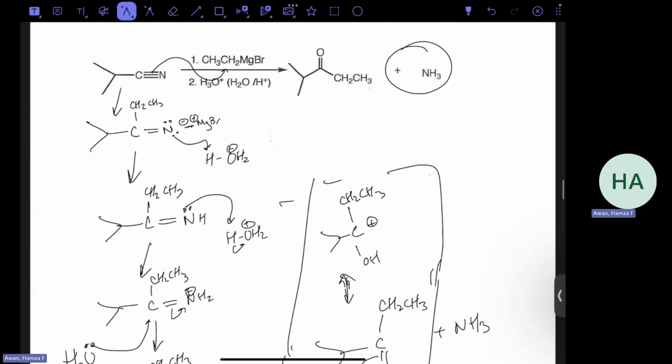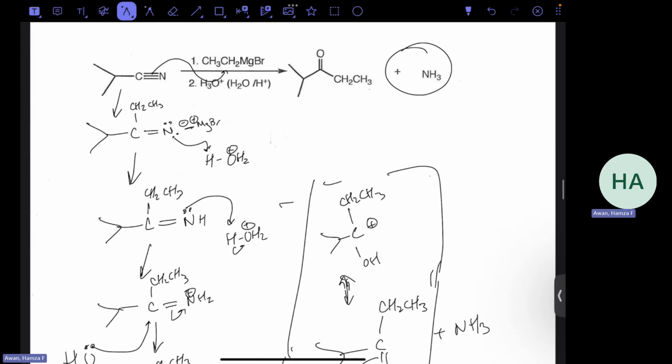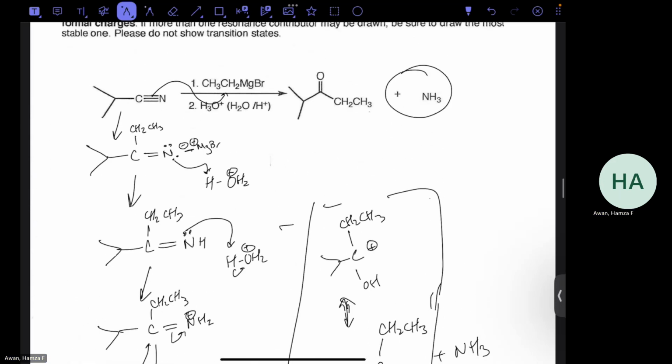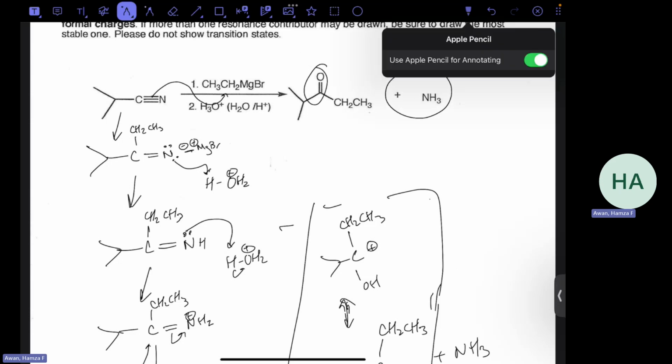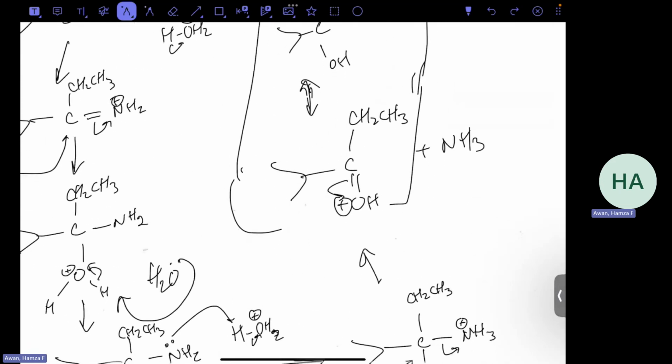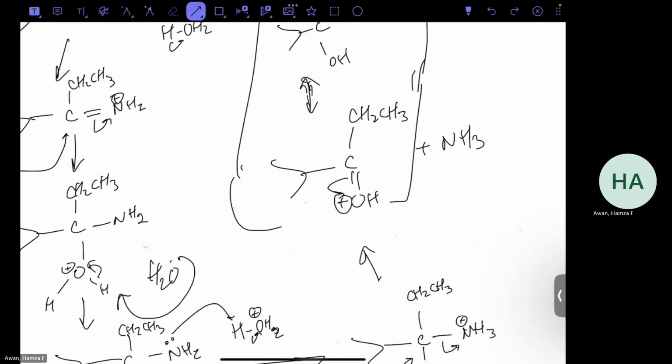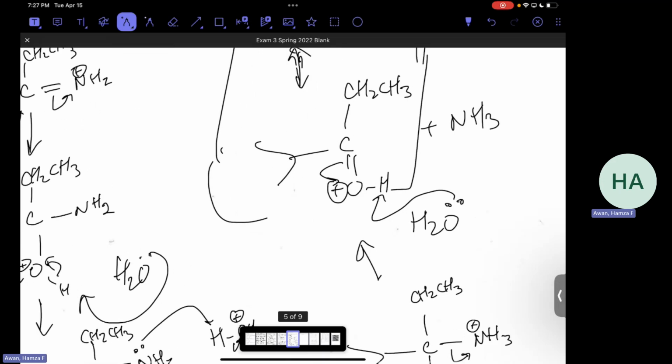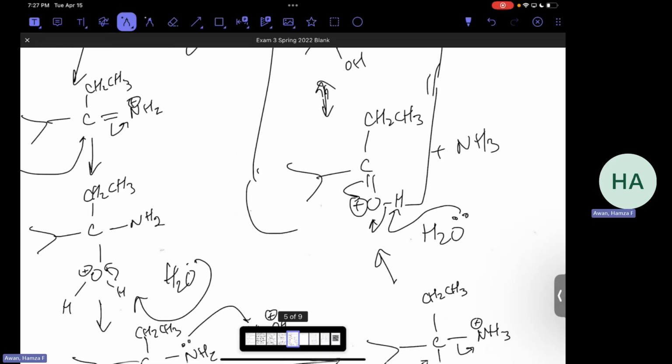And now our final step is that we need to get a ketone right here, right? So we can deprotonate this oxygen using H2O. That H2O, the oxygen can come and take that hydrogen and then break this bond with the oxygen.